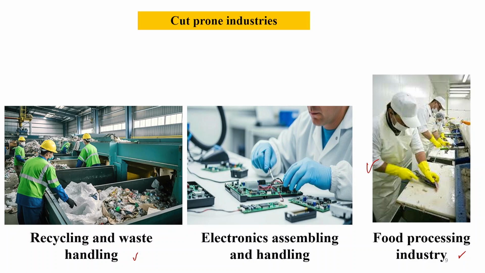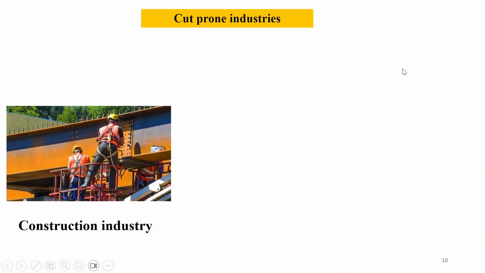Apart from this there are many other industries where workers have to handle sharp objects, such as textile industries and construction industries, where workers handle sharp metal objects, so there we need cut protective textiles. Even in automobile industries, in automobile parts assembling, cut protective textiles are important.